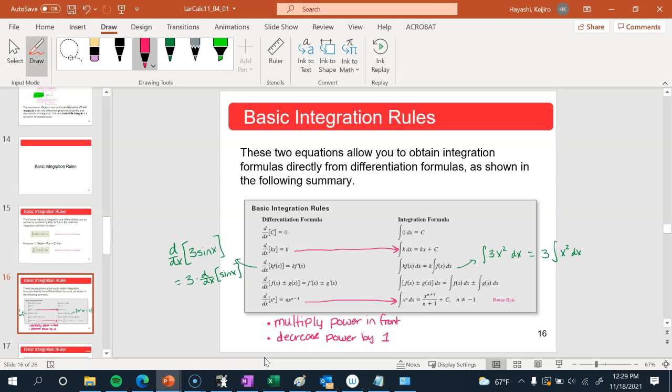In order to undo that, or to do the reverse of that, you would simply do the opposite steps in the opposite order. So when you're finding the integral of a power of x, what you're going to do instead is first increase the power by 1, and then divide by the new power.